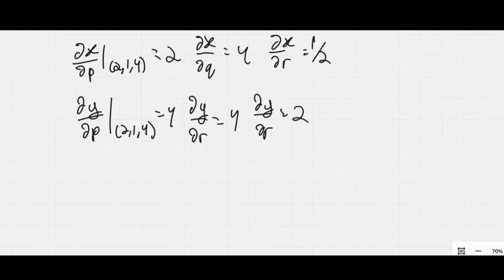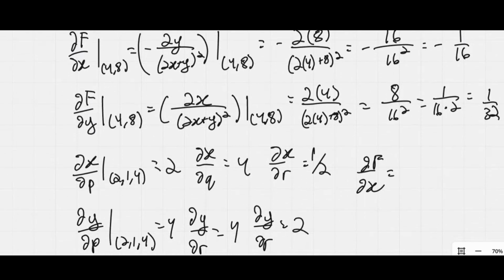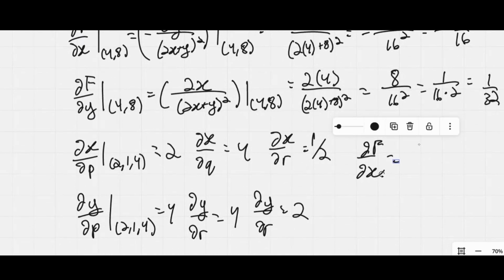This is kind of the finalization of our answer for this whole problem, this whole process. So let's do it. We'll remember that del f with respect to del x is equal to negative 1 over 16. We also have positive 1 over 32 for del f over del y.